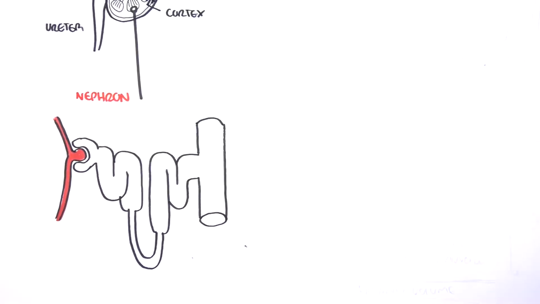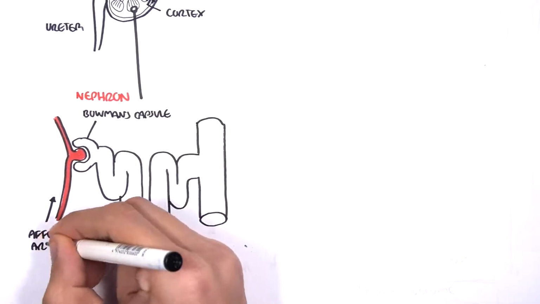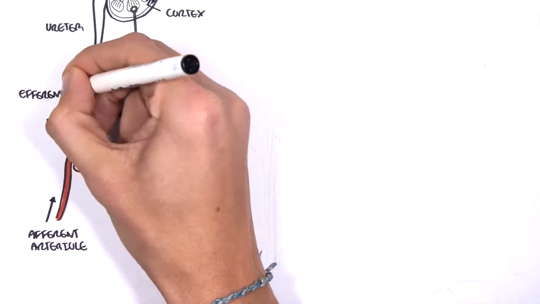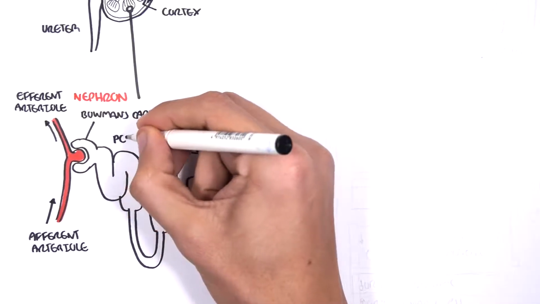The head of the nephron is the Bowman's capsule, where the afferent arteriole brings blood in, forming the glomerulus, and then we have the efferent arteriole leaving the glomerulus. Once filtering has occurred within the Bowman's capsule, the filtrate will travel along the tubule of the nephron.